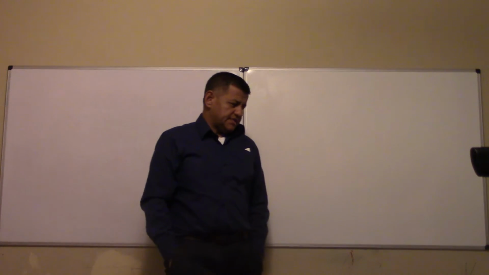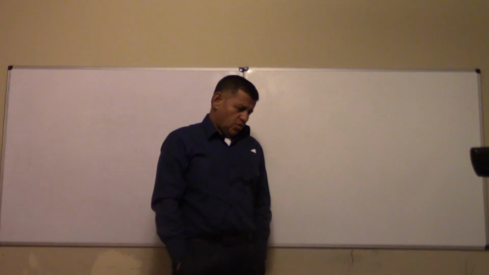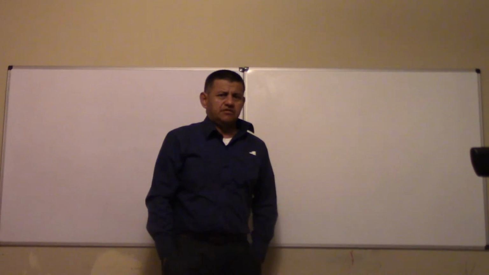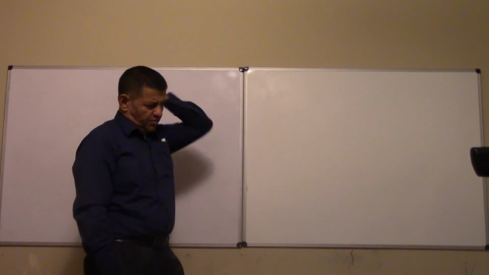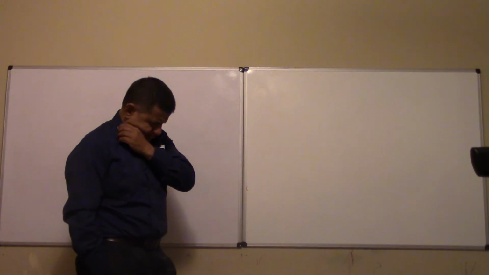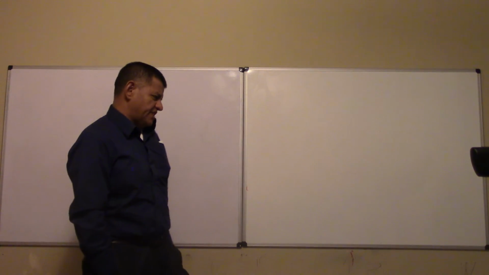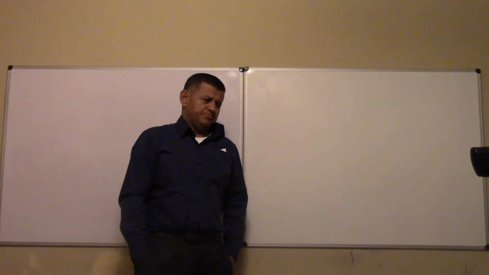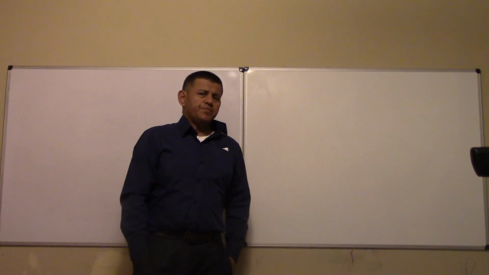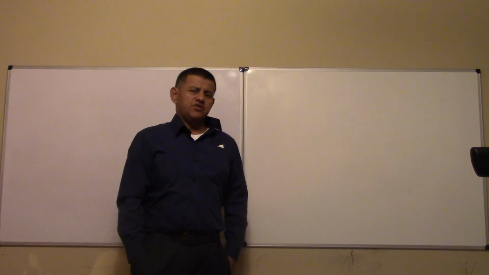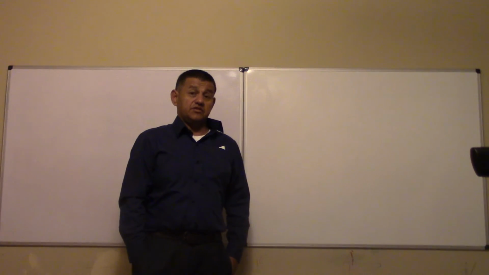And today we will do one more problem using the definition of the derivative, and then we will continue with the easy way. The definition of the derivative is good practice, just in case your teacher says, I want you to do it with the definition of the derivative.